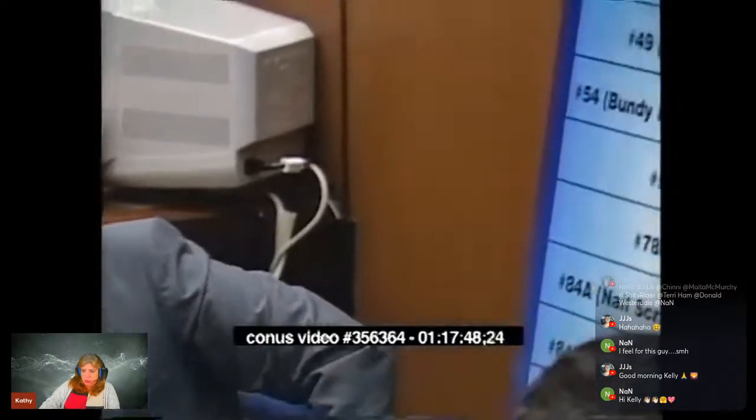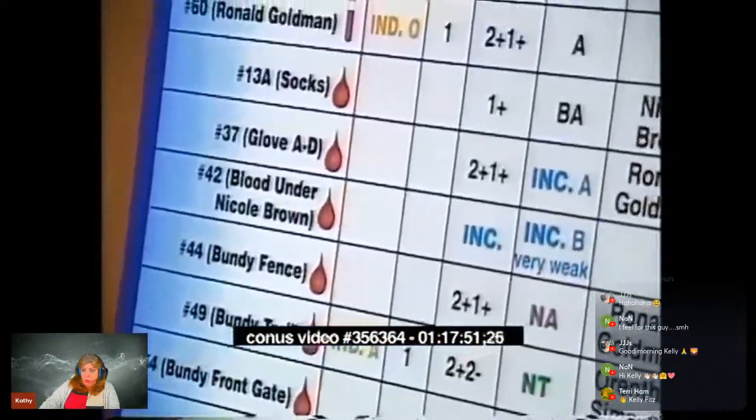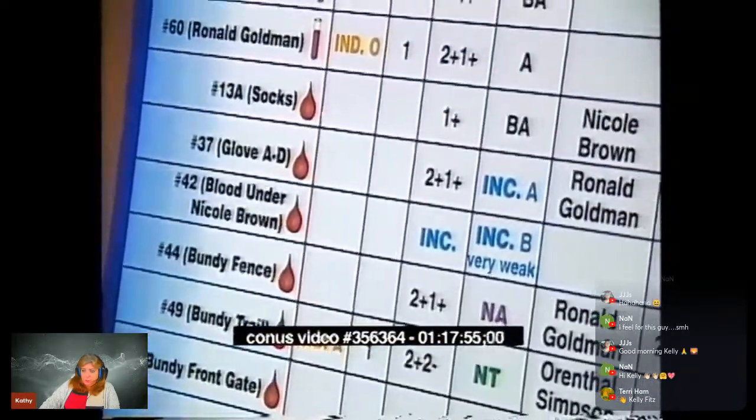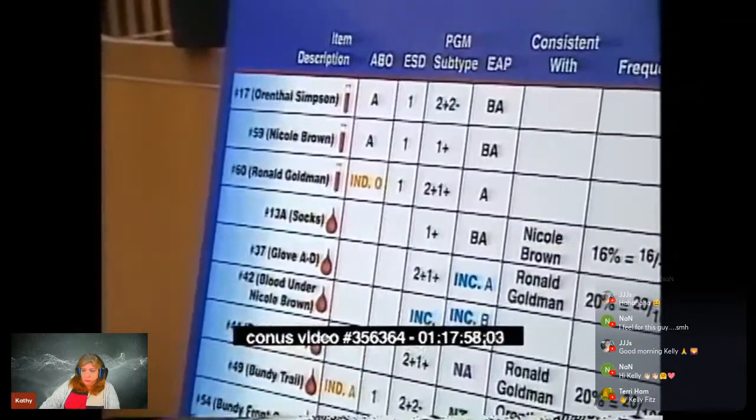Okay, directing your attention to the item that says 42, blood under Nicole Brown. Under the EAP column, it says inconclusive B, very weak. Is that correct? Yes, it does.